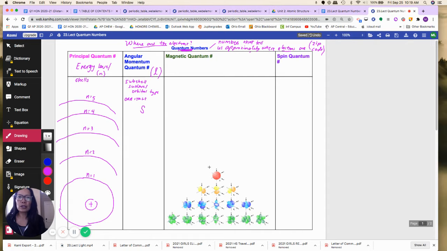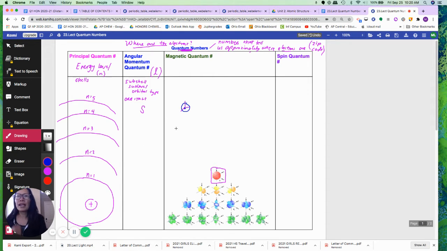The s orbitals look like this. It's just an area in space. If these were the x, y, and z axes, then the s orbital would just be a sphere where the nucleus is in the middle, so the electron is somewhere in there.